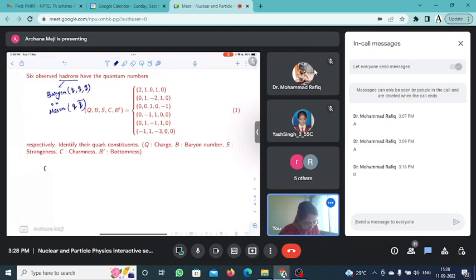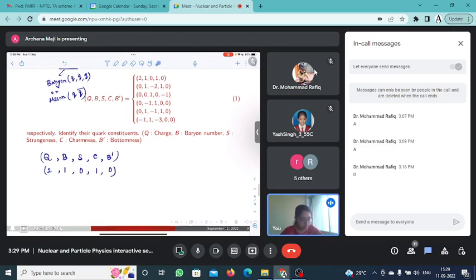So you tell me what will be the quark content for this. Q is 1, baryon number is 1, strangeness is 0, charmness 1, bottomness is 0. So what does it mean? It is a baryon, so it will be made up of 3 quarks. There is no s quark, there is 1 charm quark and no bottom quark.